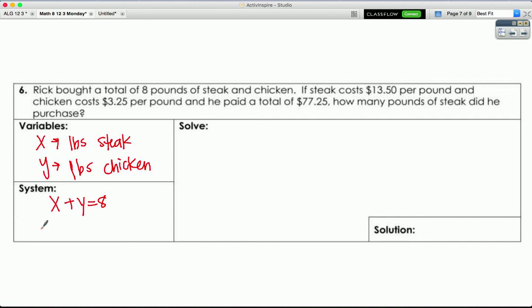What do you think? Exactly. It's the same as the last 3 problems we've done. Thank you, Tori. So we have our system.